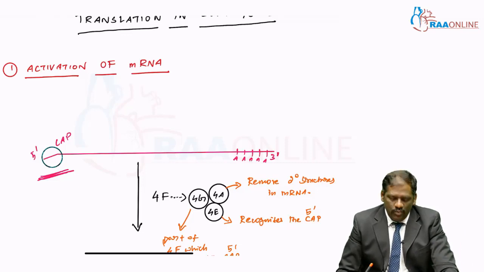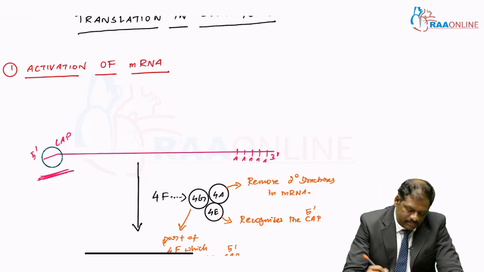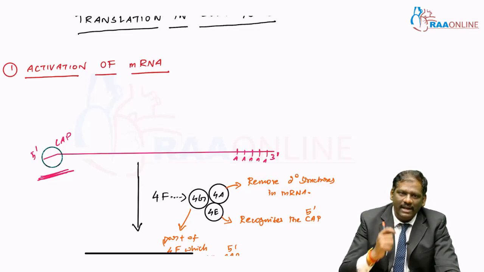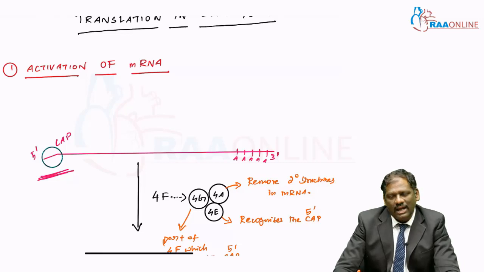Okay. Now what is the first step which occurs during the translation of mRNA in eukaryotes? The first thing will be your activation of tRNA. How do you activate your tRNA? You need to activate your amino acids first.